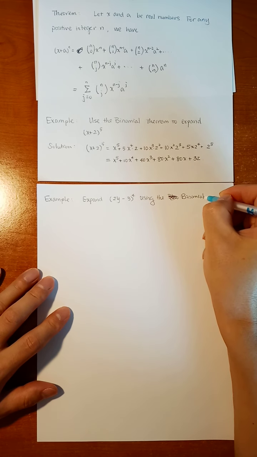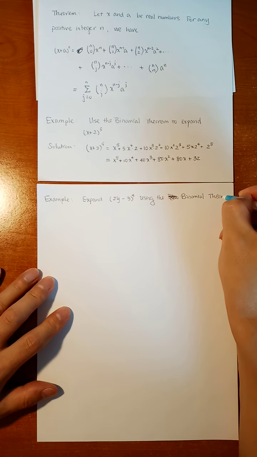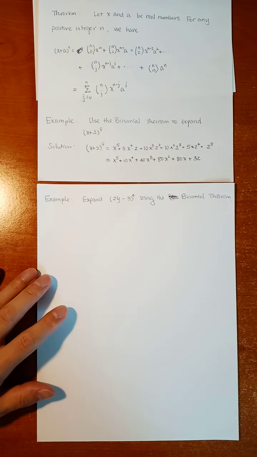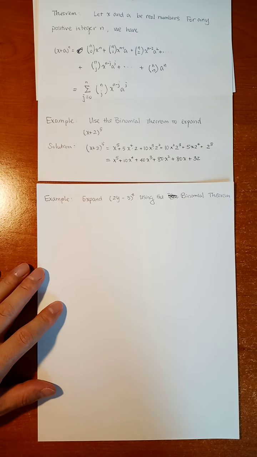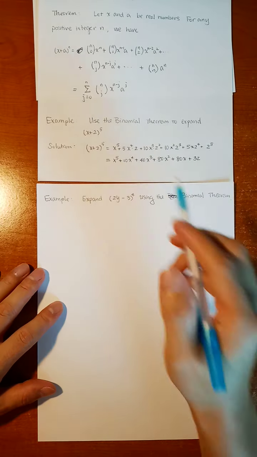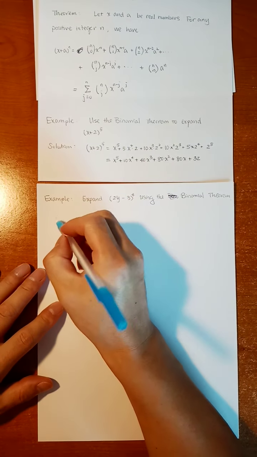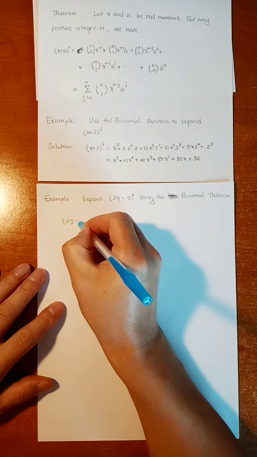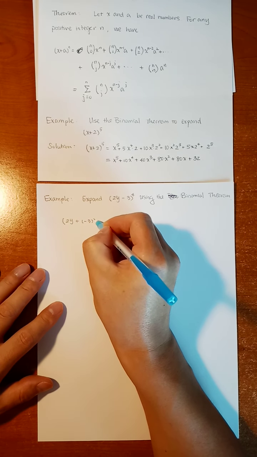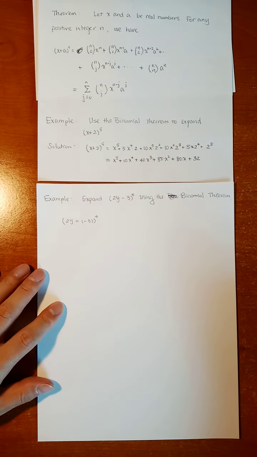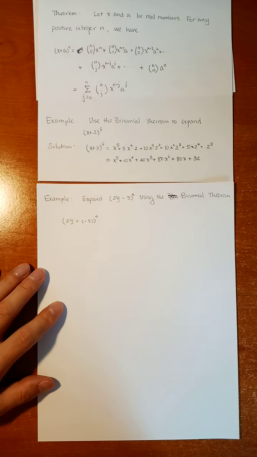The binomial theorem only works for addition. Here is subtraction. Subtraction, you consider it as addition with negative 3. Binomial theorem in our book only handles addition.